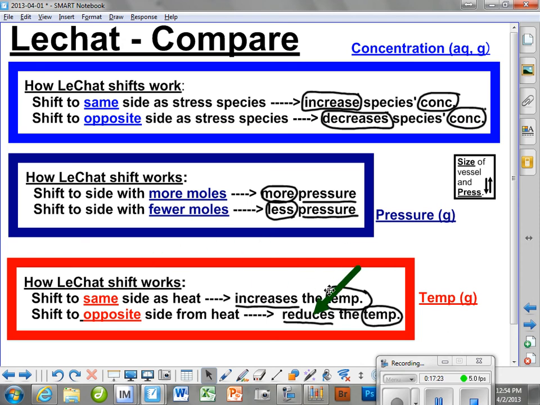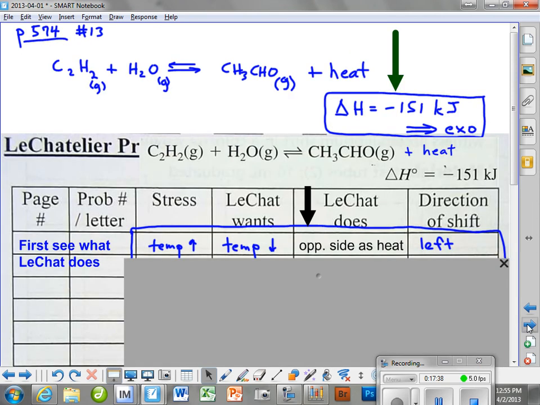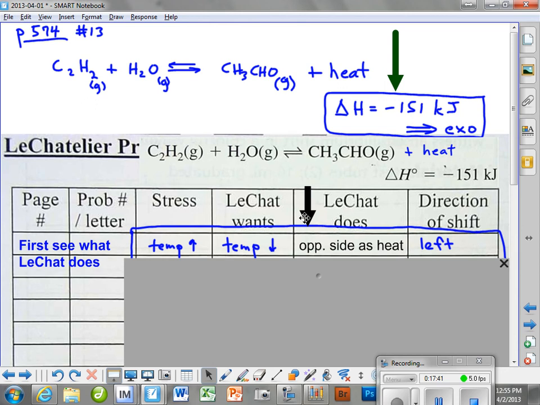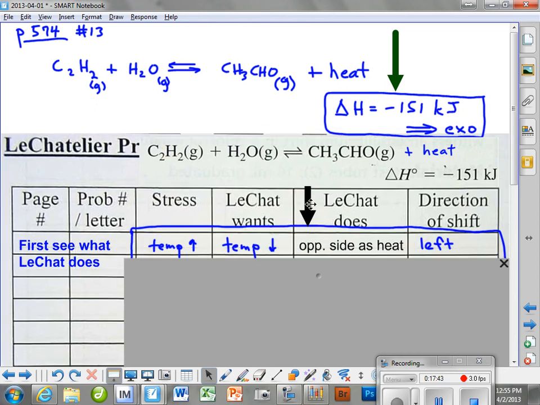If he wants to reduce the temperature, he's got to go to the opposite side from where the heat is. I slowed down there because this takes a little bit of thinking and getting this into our heads. So the opposite side from the heat, since heat is on the right, will be the left, and the shift is to the left. So that's the temperature going up.